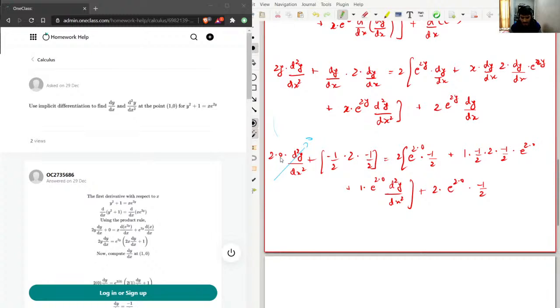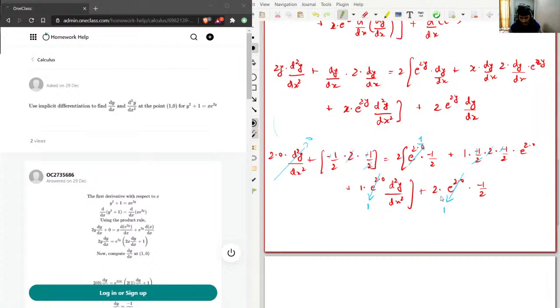because this is 0, and 2 can get cancelled, this will be 1, and this 2 can get cancelled, this minus minus will become plus, this minus and minus will become plus, and this will go to 1.